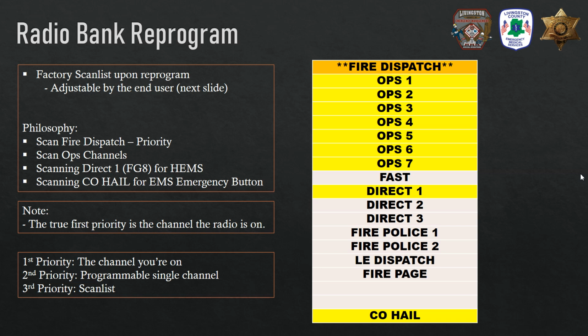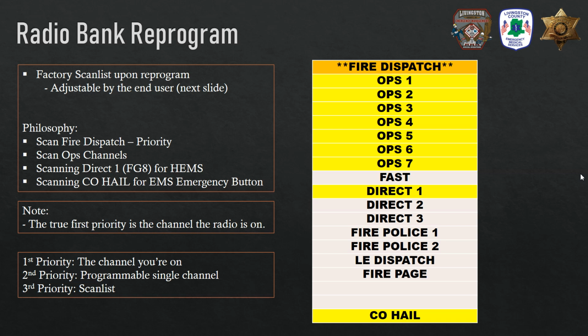Following that is the second priority. This is a single channel that is prioritized as second priority within the radio. The orange channel, fire dispatch, is the second priority within the radio. Following this is the third priority, which is the scan list that is programmed into the radio.